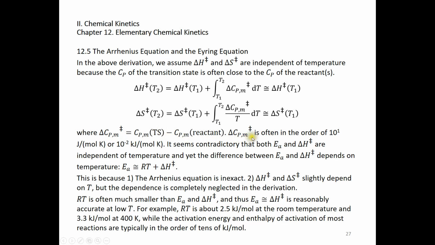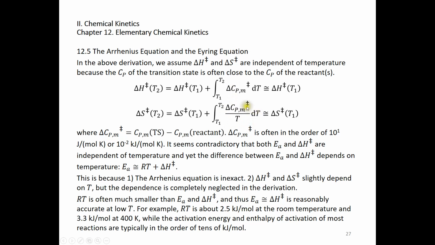Delta CPM is often on the order of 10 to the power 1 joule per mole Kelvin. And if you integrate this over a narrow or moderate temperature range, the integral of delta CPM is roughly on the order of 0.1 kilojoule per mole, while delta H is often tens or even hundreds of kilojoule per mole. That's why this integral is negligible.